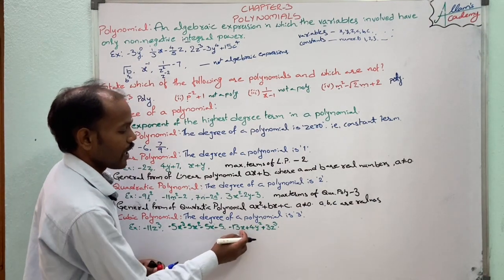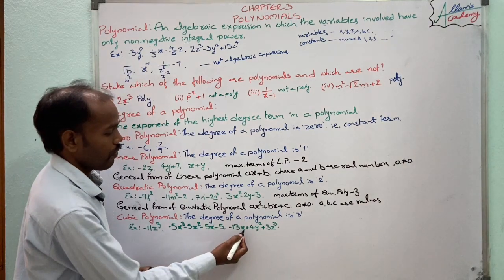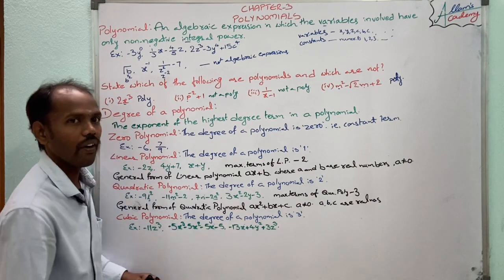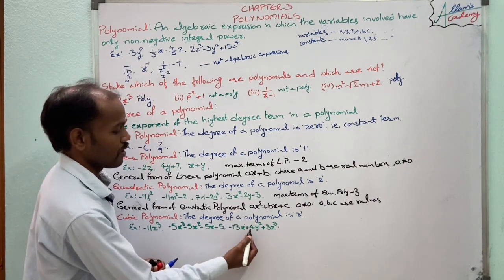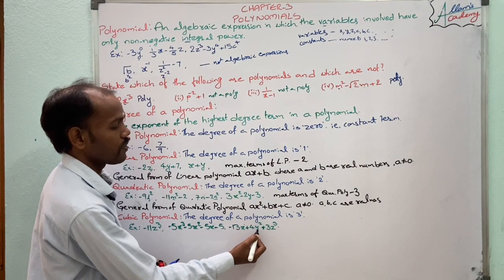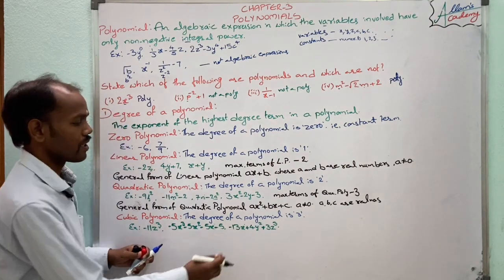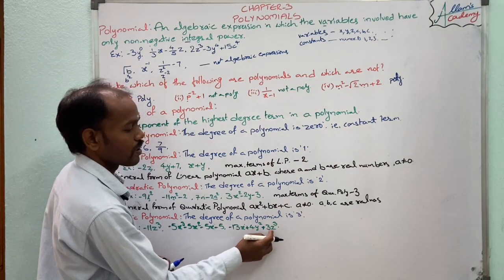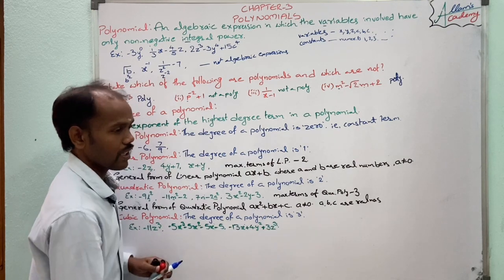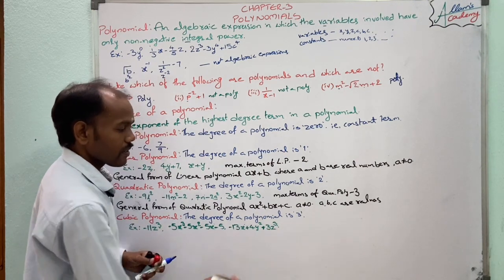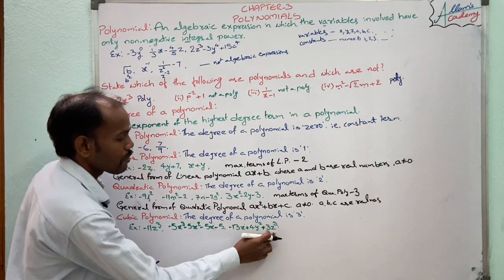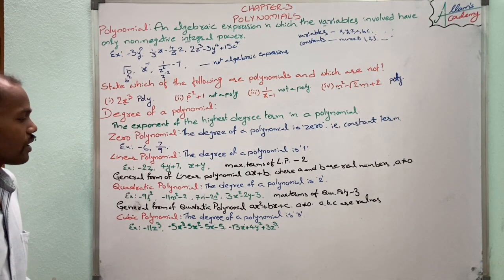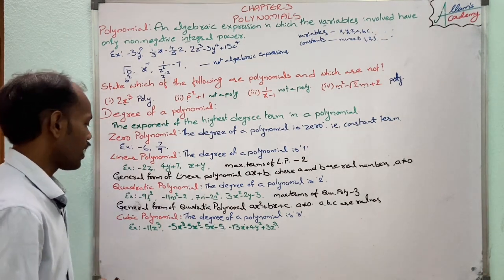In these, x, y, z are the variables. The first term, minus 13x, has the variable x and it has degree 1, that is nothing but the exponent. The second term is 4y square with exponent 2, so this term's degree is 2. The third term, 3z cube, has the variable z and exponent 3. Now this has degree 3. Observing these 3 terms, the highest degree is 3. So it is a cubic polynomial.